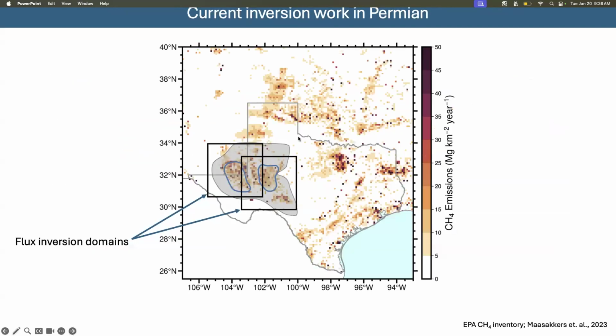We are using two different flux inversion domains. The first one on the left side is for the Delaware Formation, and the right one is for the Midland or Spraberry Formation. We are doing the inversions for these two domains separately, and then we will combine the results together.